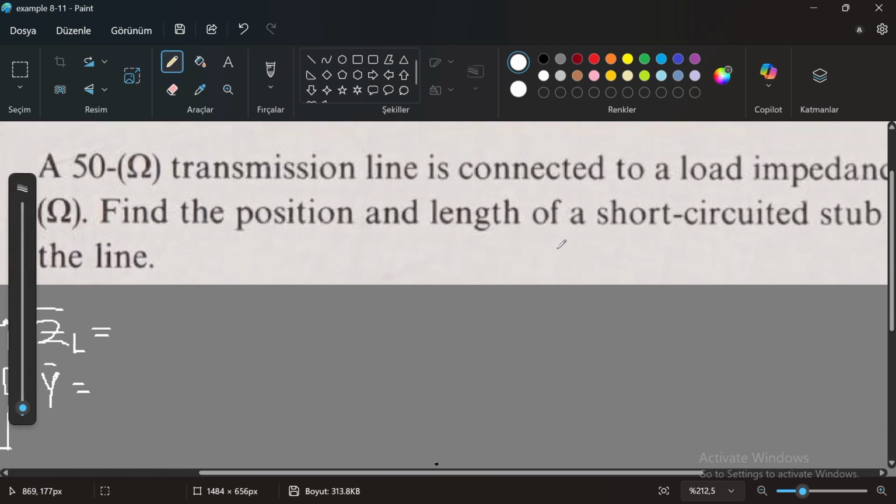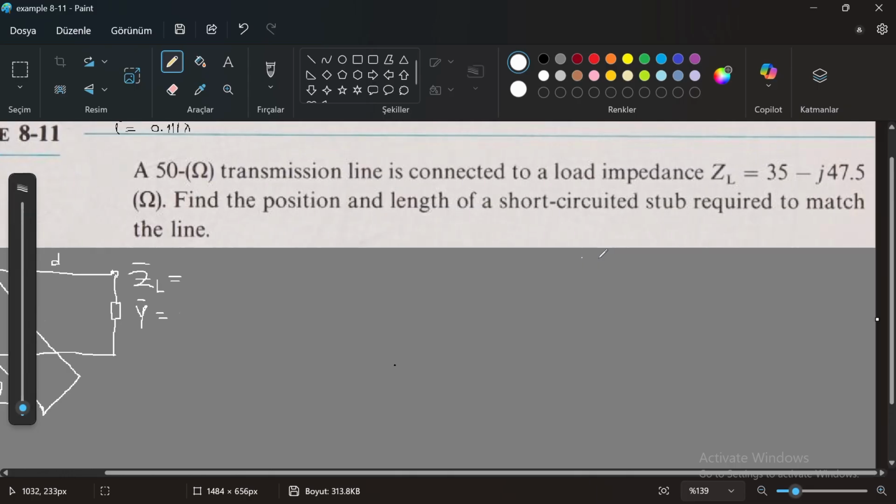We know the load impedance here. To find the normalized value, we need to divide by R0. This is R0, as you know, the characteristic impedance. I will write R0 here. I am using the touchpad, it has been a little hard. It is 50 ohm.